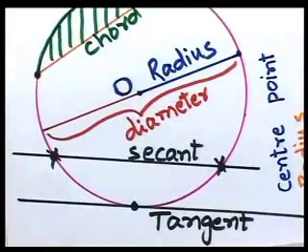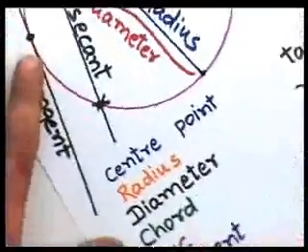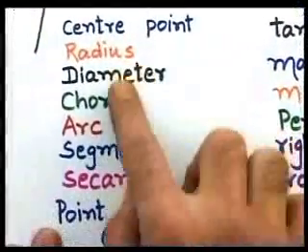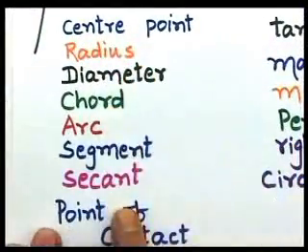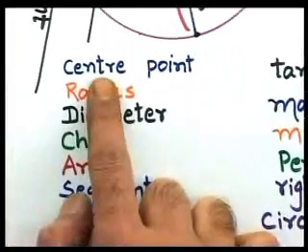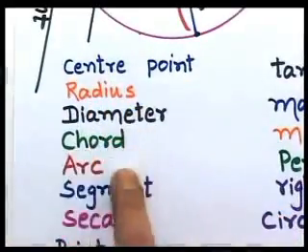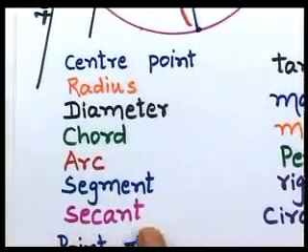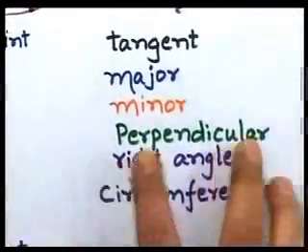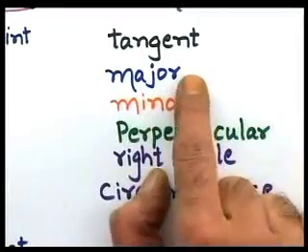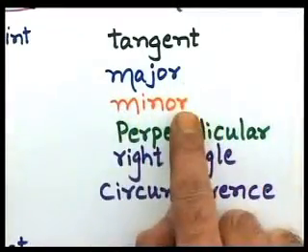All right, so keywords are there, spellings are there. Please learn them, those spellings. I think we finished center point, we finished radius. Chord, arc, segment, secant also we have done. A tangent we know, major is the bigger one, minor is the smaller one.